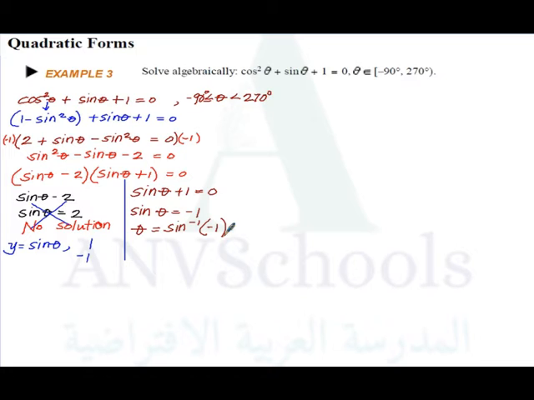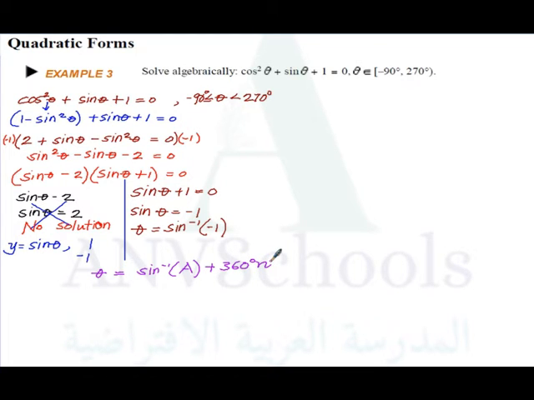Following the form of the general solution for arcsine, in this case, because we have theta, the general solution is theta is equal to arcsine of A plus 360 degrees n.